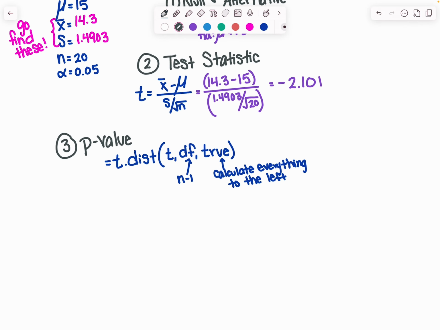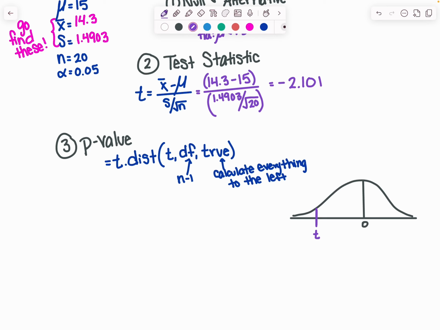So if I draw the picture, we are down here somewhere. This is our t-score. If we didn't put true, if we put false, it would calculate just this value, which would be so small, and that's not what we want.